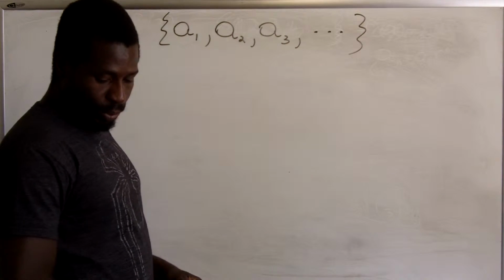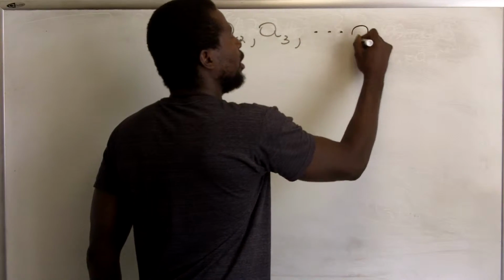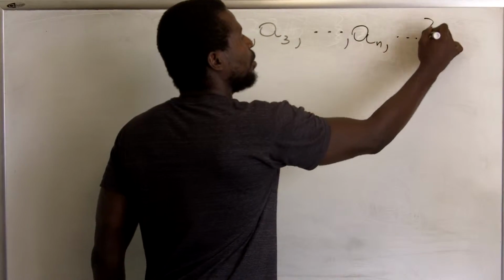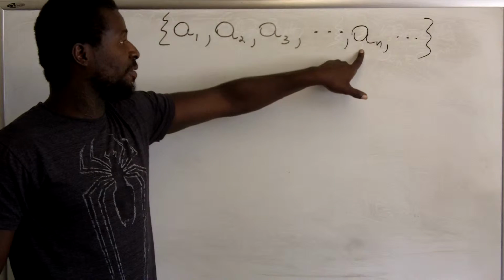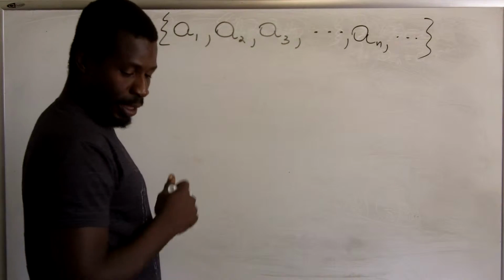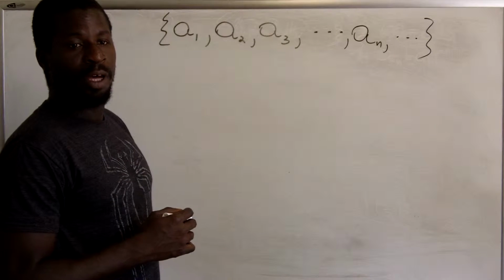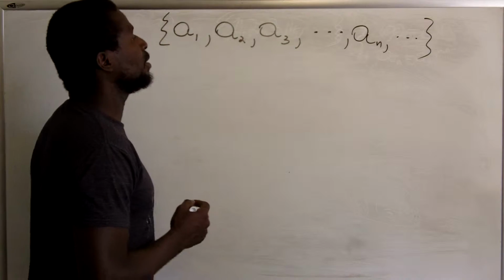All right, let me give a little bit more detail. There is An out here. That's the nth term, and then it continues on beyond that. So I've made videos where we find An for a given sequence. What we're going to look at now are the sums, or the partial sums, of these sequences, okay?